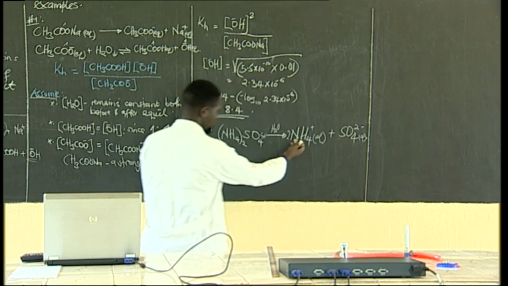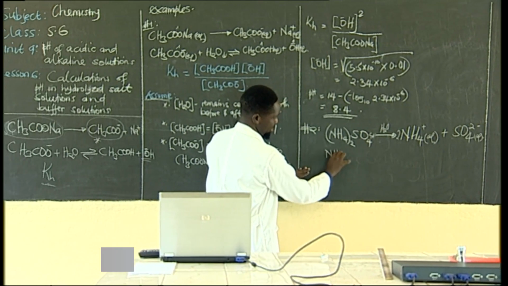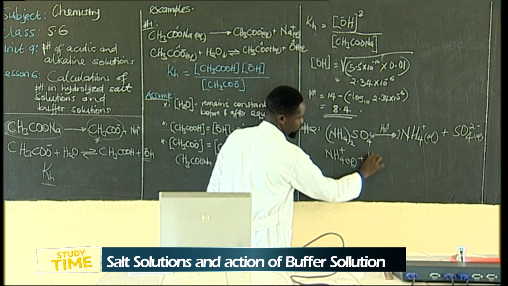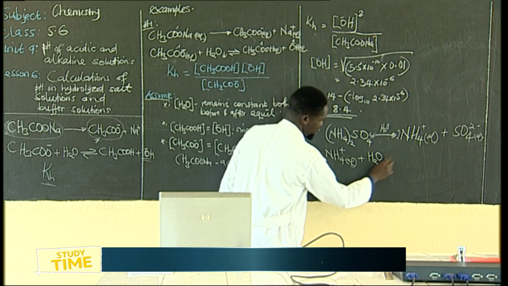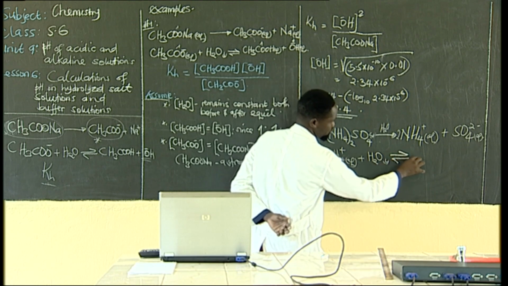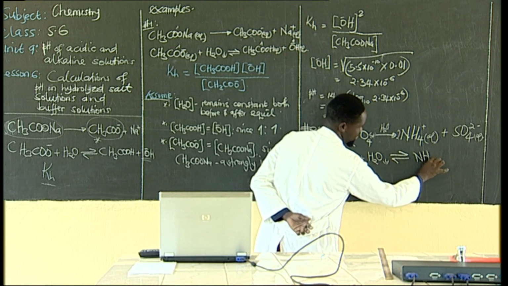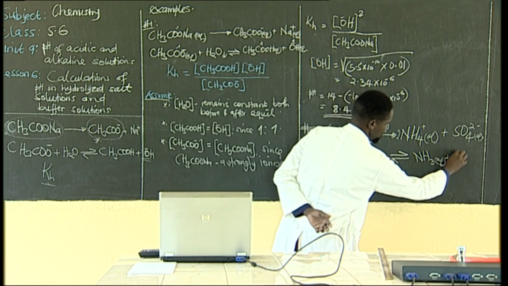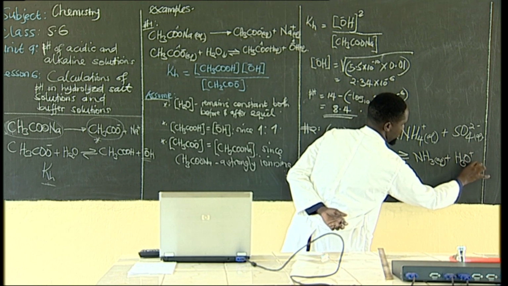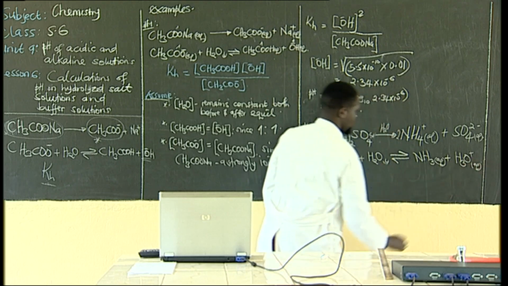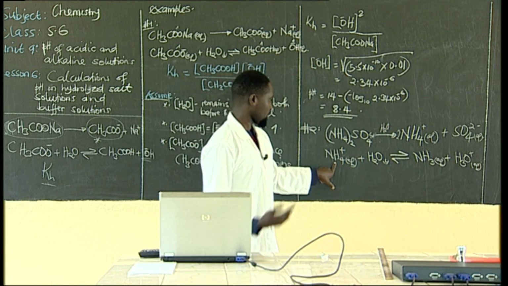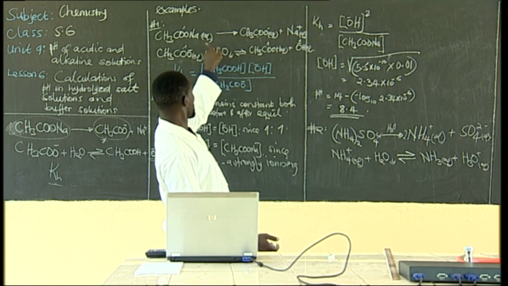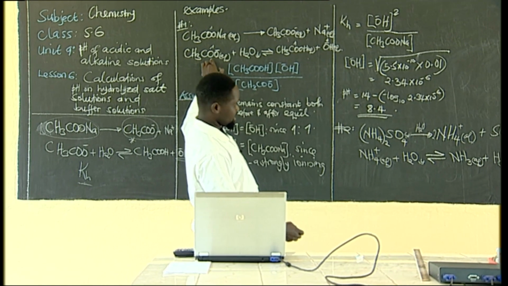The same, the ammonium ion in aqueous will react with water to produce un-ionized ammonia plus hydronium ions. In this case, this will donate a proton to water. Here, this was donating a proton to ethanoate ions.